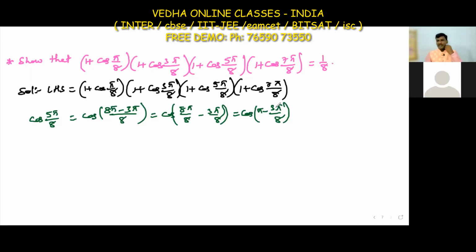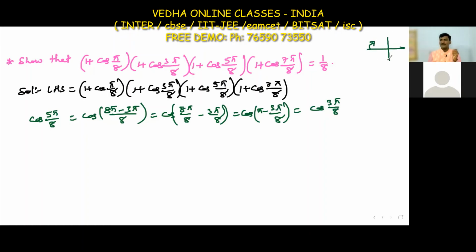So directly we can write it as pi minus 3 pi by 8. When we have 180 degrees, for cos we get cos, so cos of 3 pi by 8 and 180 minus theta.